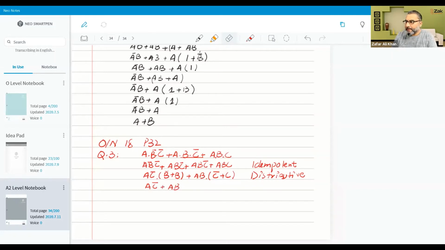So which law I have applied? Inverse law or complement law. I just told you about double complement. So this is, you may call it, single complement. And then this has become AC naught plus AB. So now we will take A out as common and this will become A into C naught plus B. This might be your answer.